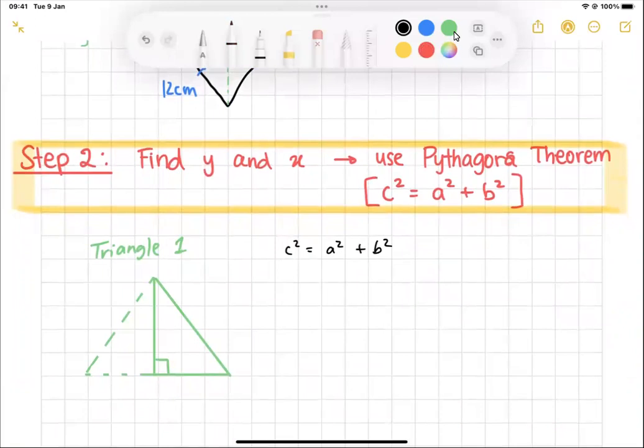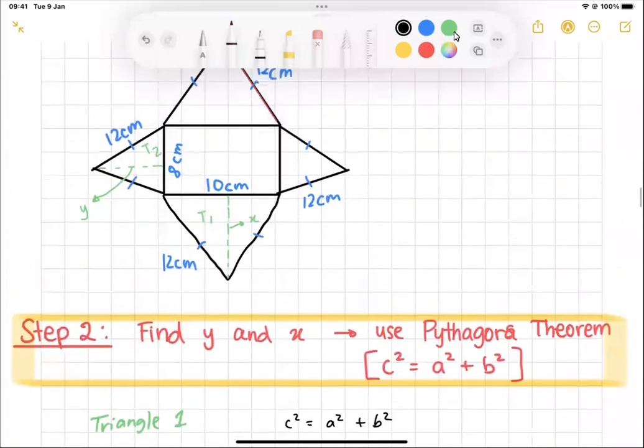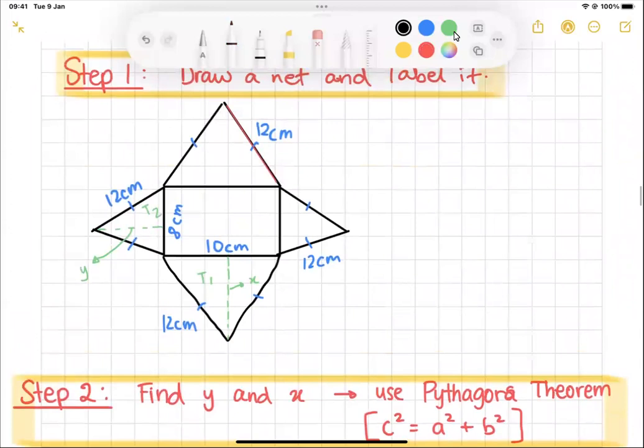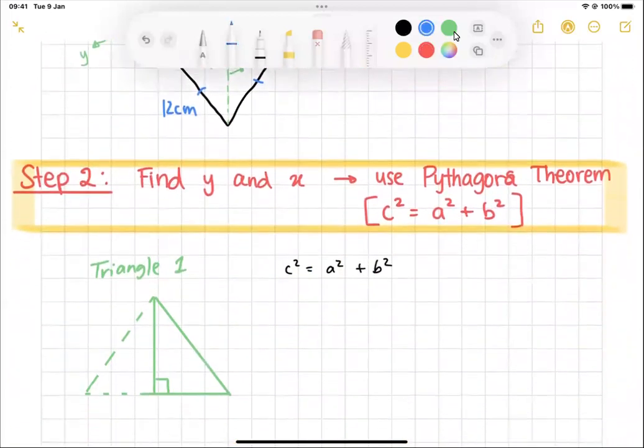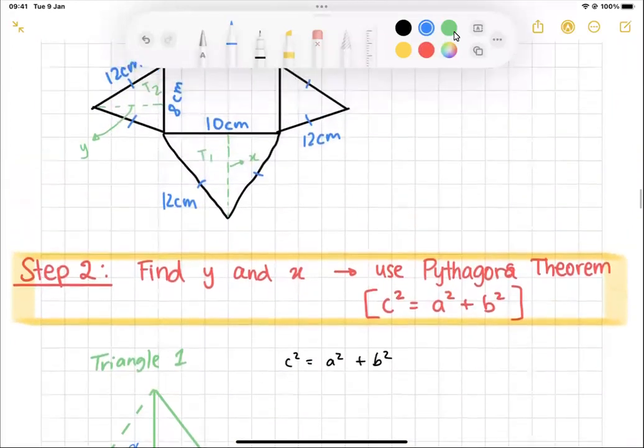Let's start doing it. Looking at our triangle T1, the base length is 10. Half of that would be 5 centimeters. The height is something that I do not know, which I'm going to label as x.